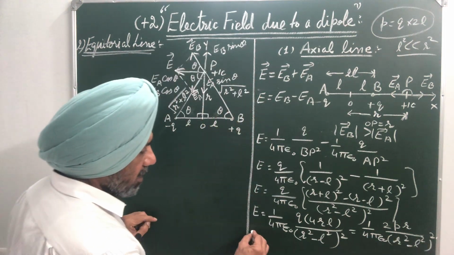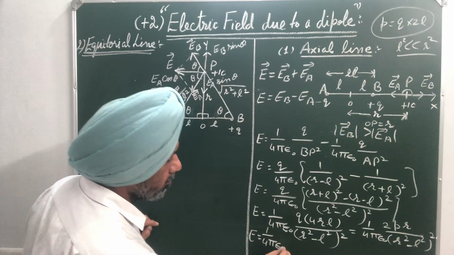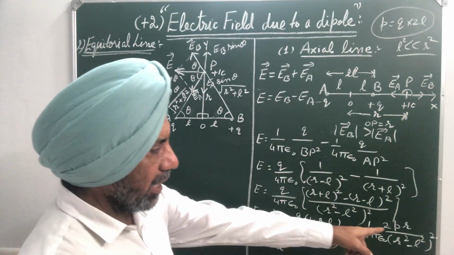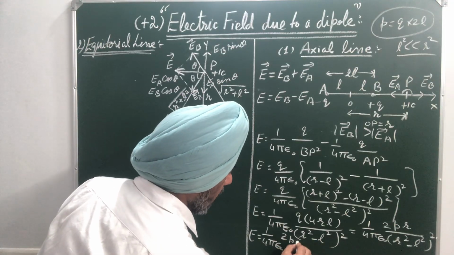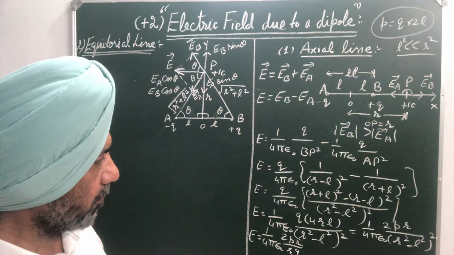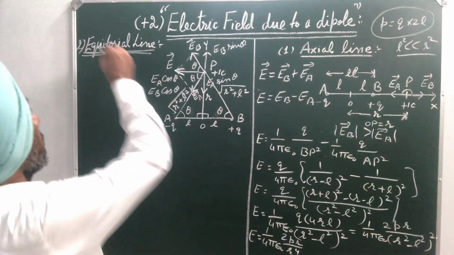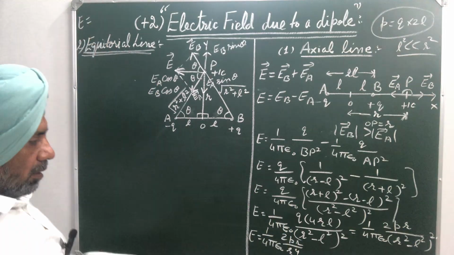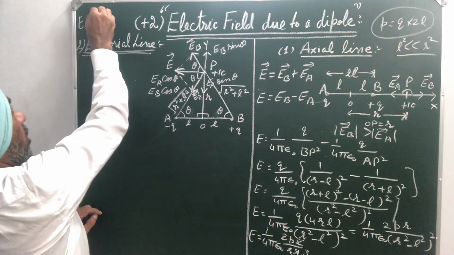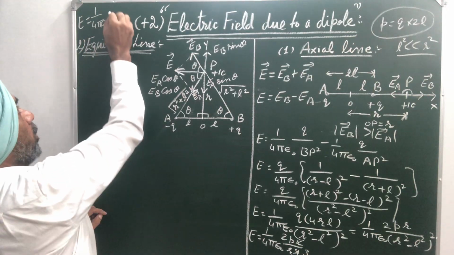So we have E equal to 1 upon 4 pi epsilon naught times 2PR upon R power 4. R cancels, so E is equal to 1 upon 4 pi epsilon naught times 2P upon R cube.